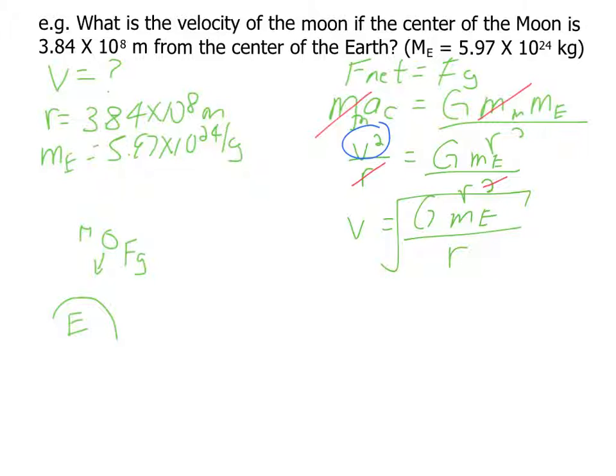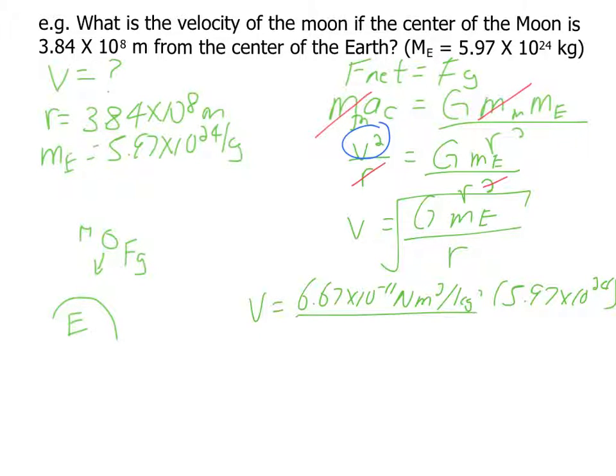Now we can substitute. v equals the square root of 6.67 times 10 to the minus 11 newton meters squared per kilogram squared times 5.97 times 10 to the 24. I don't have room for units on the side here. All divided by 3.84 times 10 to the 8 meters.